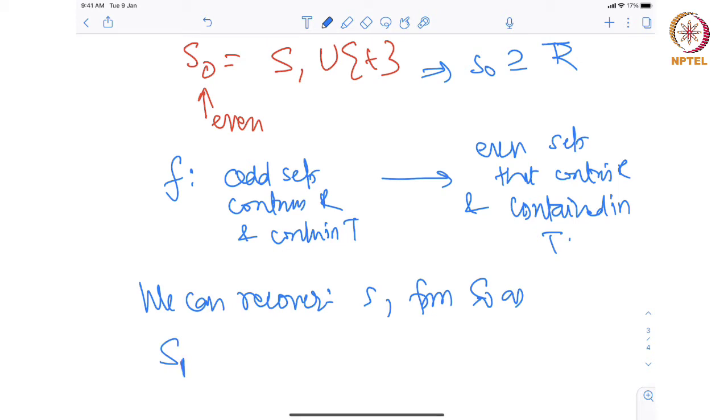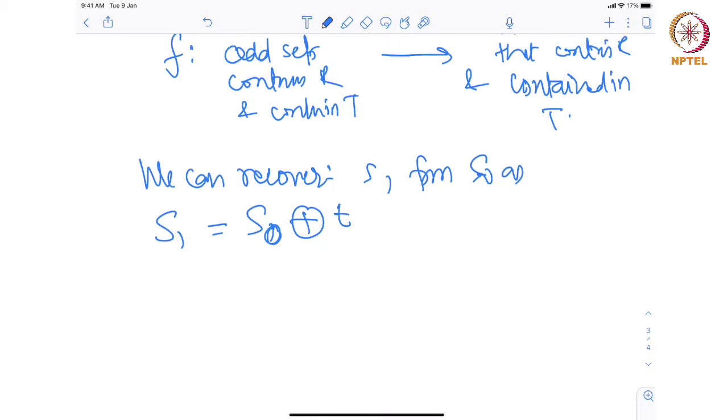So S0 is nothing but S1 symmetric difference with T. So we can recover our object. I can get S1 by again doing the symmetric difference with respect to the set T, right. So this is why this establishes a bijection, okay.